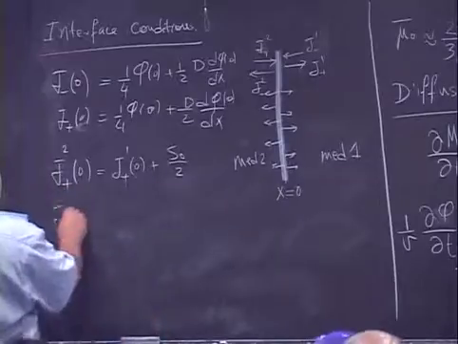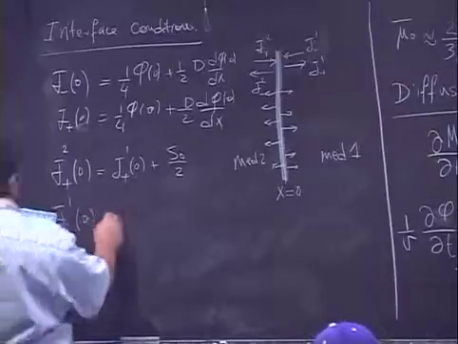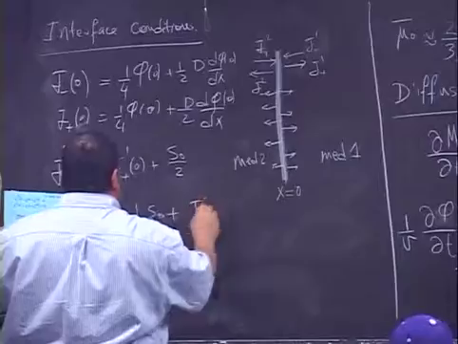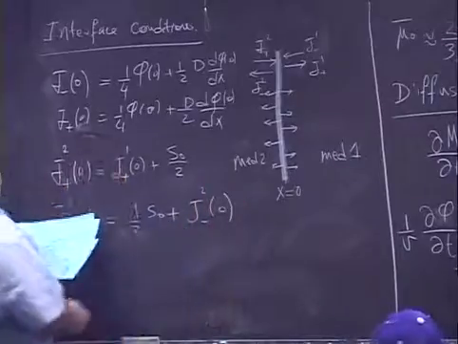And J minus 1 in the 0 direction will be half again S0 plus J minus 2 at the 0.